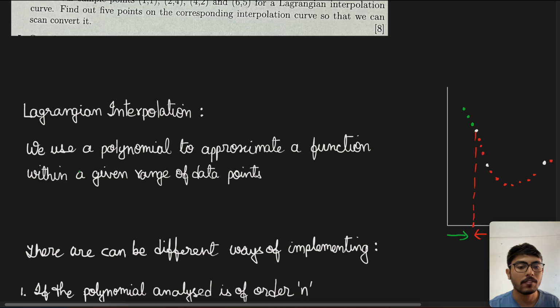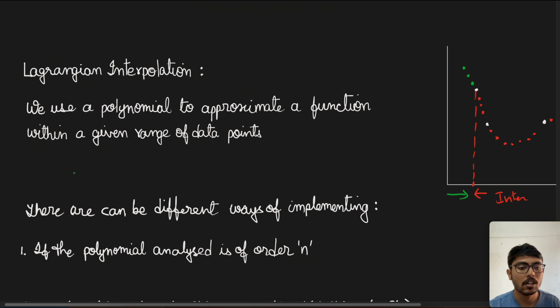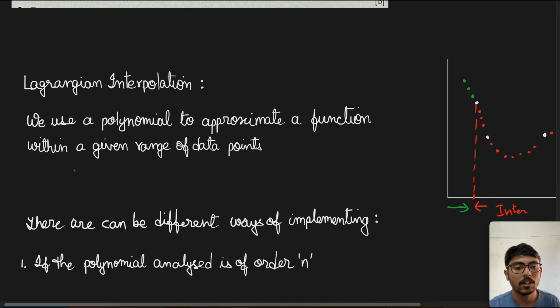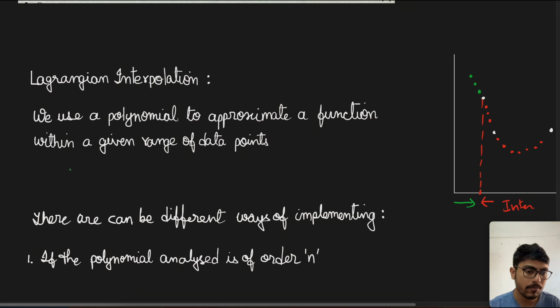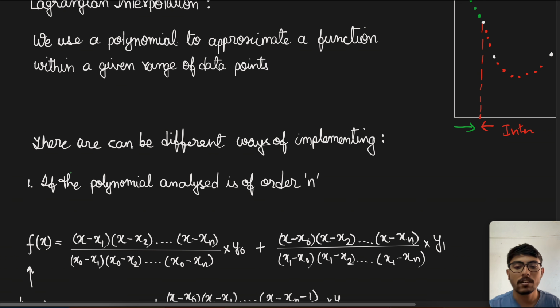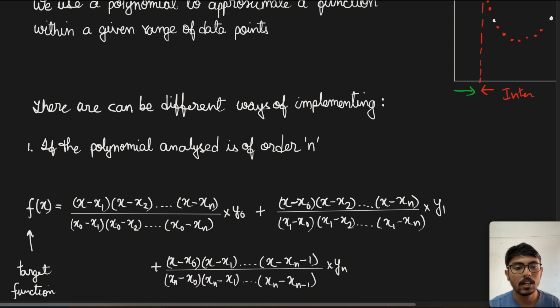We can have different ways of implementing Lagrangian interpolation. Let's say the polynomial that we are analyzing is of order n. Then the function will be expressed like this: x minus x1, which is the second point we are given, x minus x2, the third point, up till x minus xn.